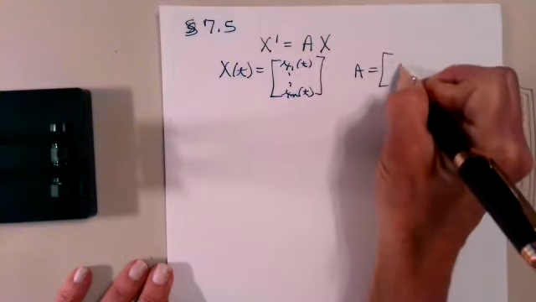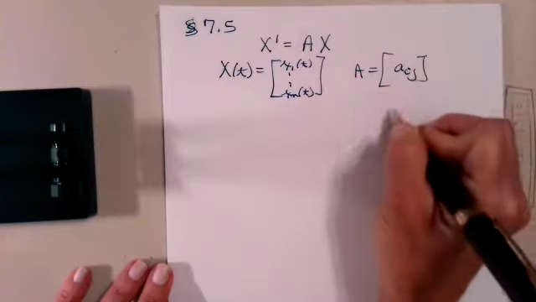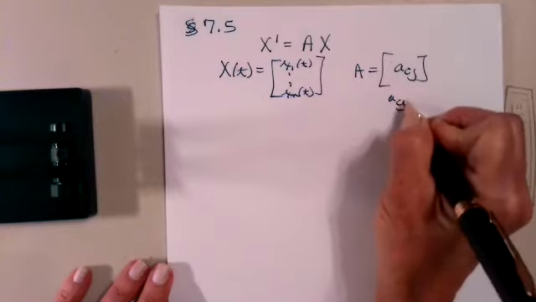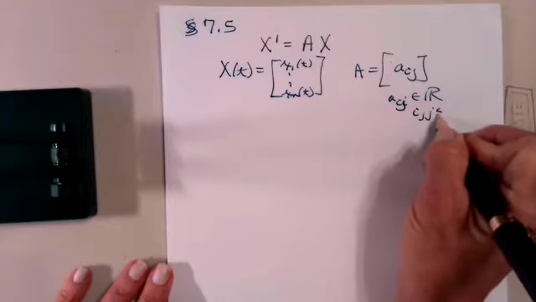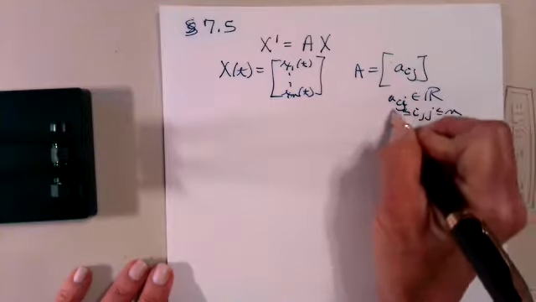So A is the matrix Aij, where Aij is an element of the real numbers, and i and j are numbers between 1 and n.